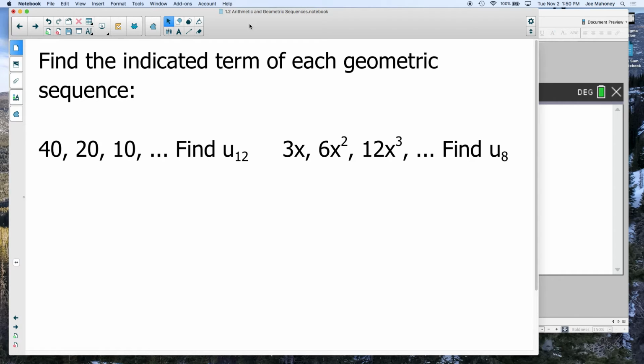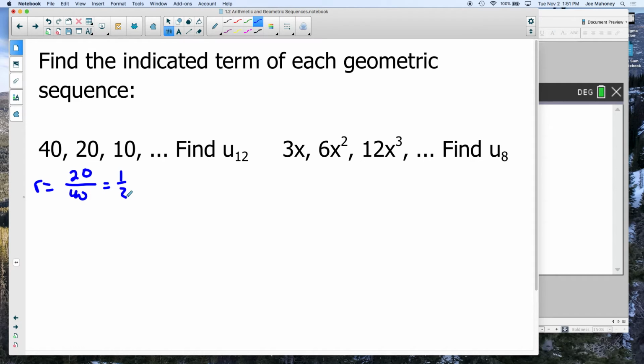Like we did before with the arithmetic, we'll use the geometric one. If I want to find my value of r, my ratio is going to be a term divided by its previous term. And I think you can tell by the terms of this sequence that we're dividing by 2, so we're multiplying by a half.